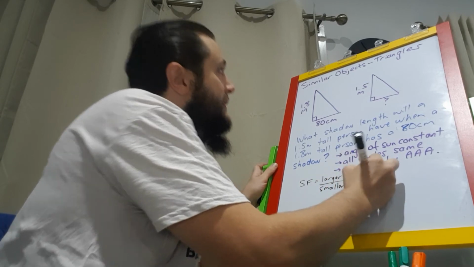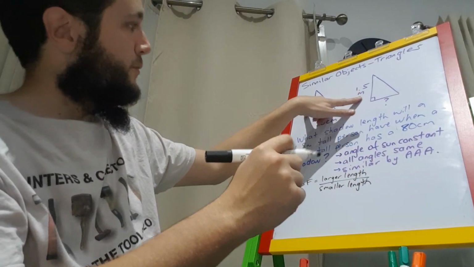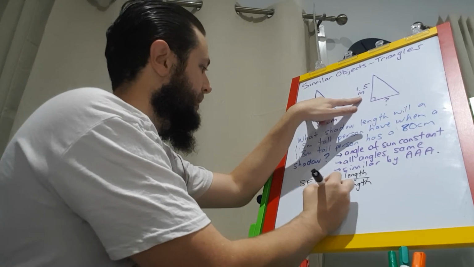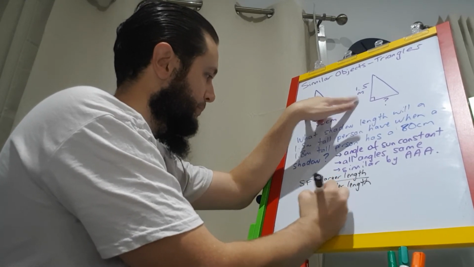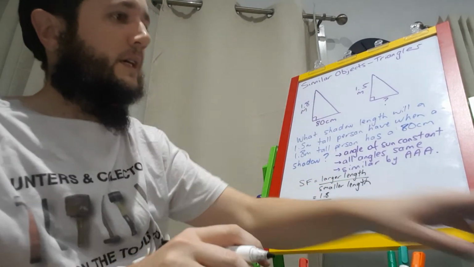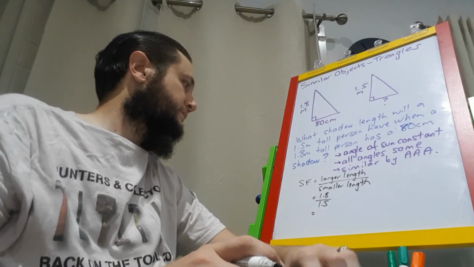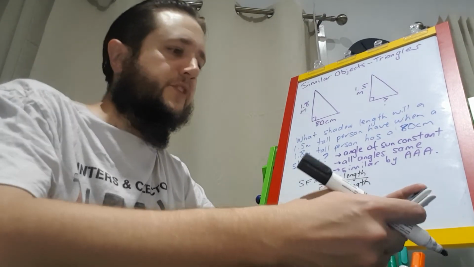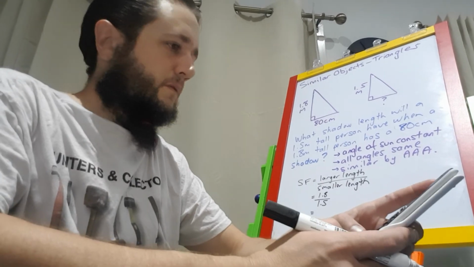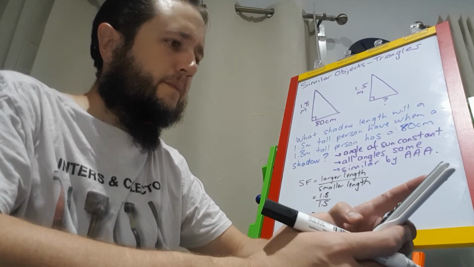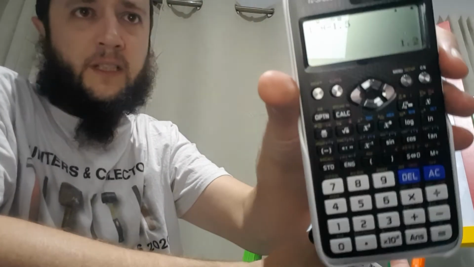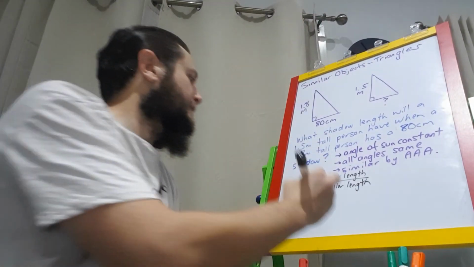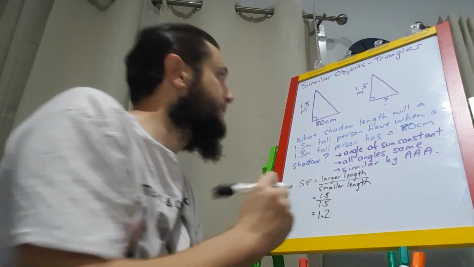The comparable length that we have in both these triangles is this one here. We have 1.8 divided by 1.5. What's that, 1.2? Am I expecting 1.2 here? Yeah, 1.2. So the scale factor is 1.2.